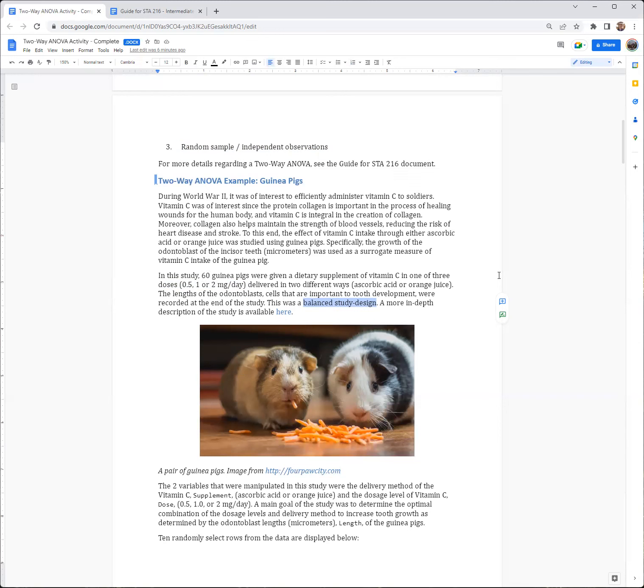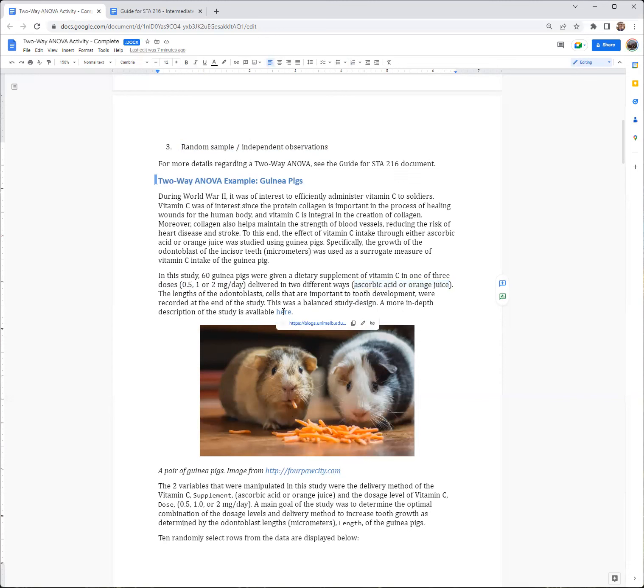Since there were 10 in every group, and since it was an equal number in every group, that's why we call it a balanced study design. The 6 total groups comes from the different combinations of the dosage levels, of which there were 3, and the different supplement types, of which there were 2, yielding 6 total treatment groups.